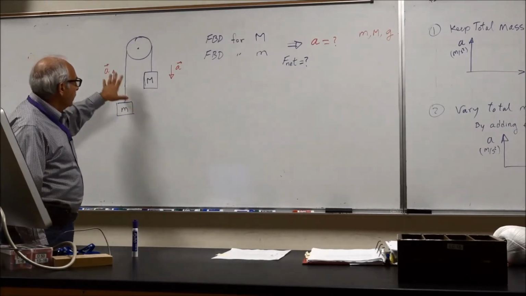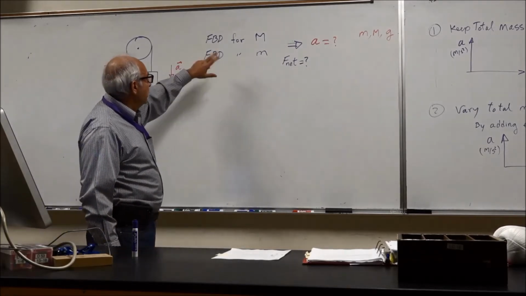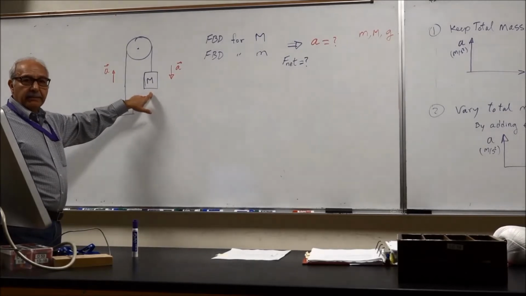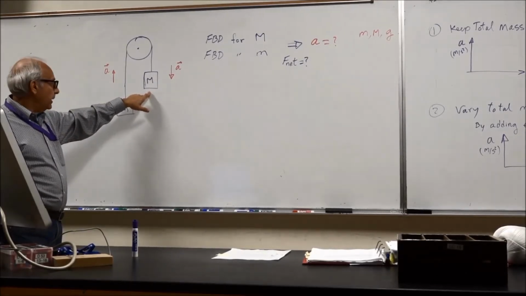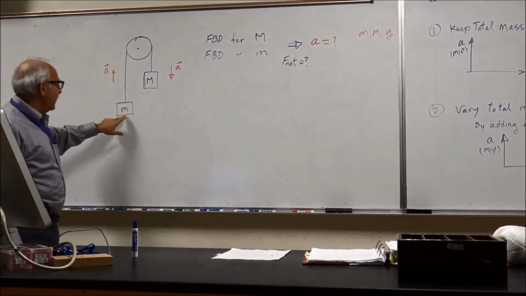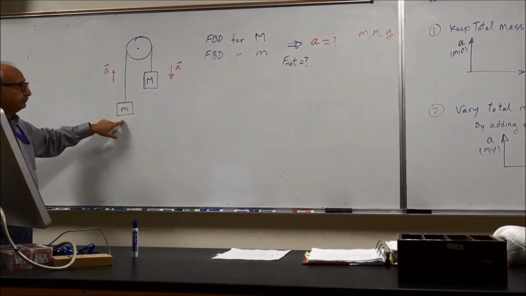Okay? So what you're going to do is write the free body diagram for the mass M on this side, and also write the free body diagram for the small mass m on that side.